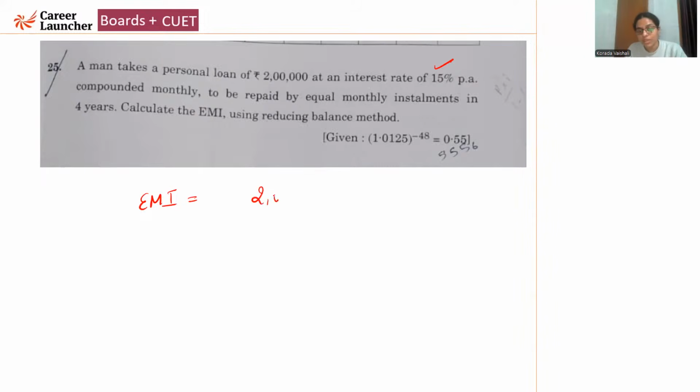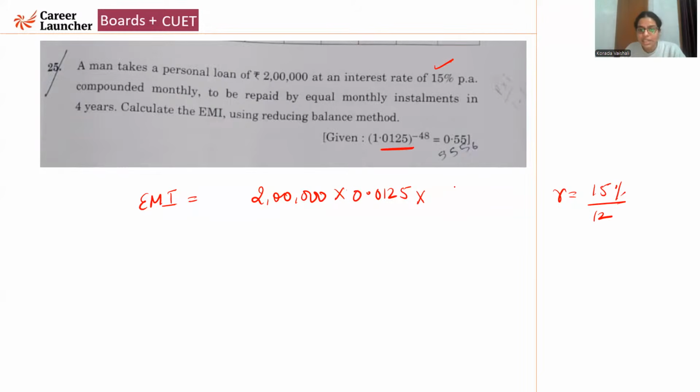So this is going to be 2 lakh into this particular value, which is approximately, अब R की value हम निकालेंगे, which is 15% divided by 12, and you will also have to get rid of that percentage sign, so हम divide करेंगे 100 से, so this should be approximately 0.0125, and then multiplying the particular value जो हमें given already, which is 0.55.